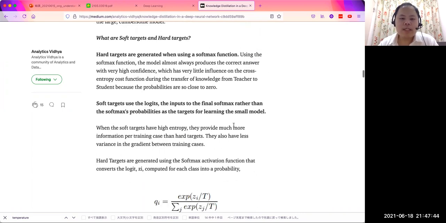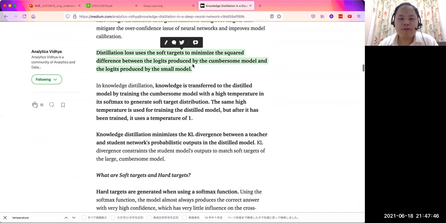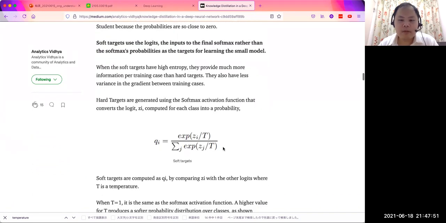So what is this soft target thing? You look at this formula, you would find it very familiar. Softmax would have been exponential z_i over the sum of all exponential z_j. However, in this case, there's a division by T over here. This T is called temperature.